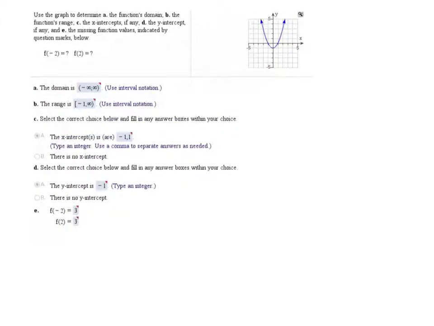Now this is the other problem you had, and I believe these are in reverse order, so it's probably the first problem that you'd ask me about. So we're going to use this graph to determine the function's domain. So we're going to see what the x values are that go with this graph. And basically that tells you the leftmost point and the rightmost point.